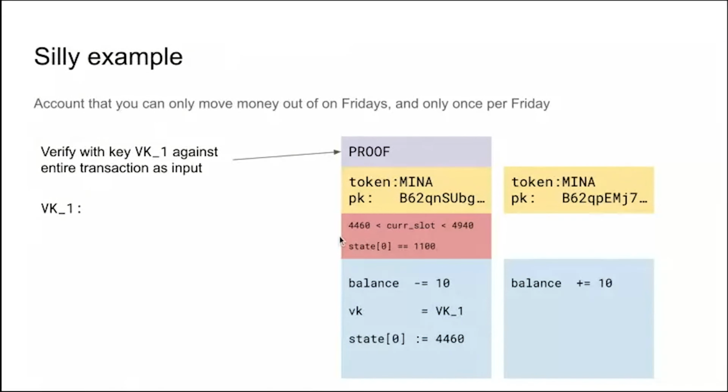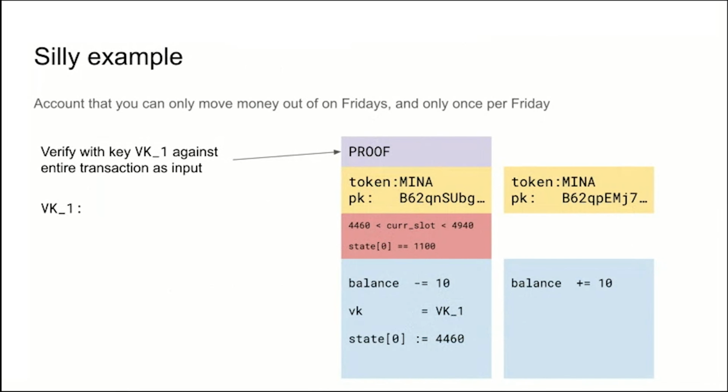So it says, I'm currently being applied on a particular Friday. And the current state 0 should be equal to 1100. 1100 was a slot that was a week ago, okay? So it's saying, I can only be applied if right now it's March 26th, and state 0 is equal to a slot that occurred on March 19th, last Friday. And if all that's the case, then do this.